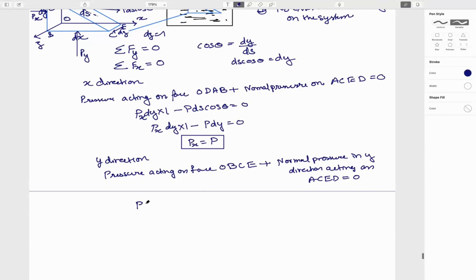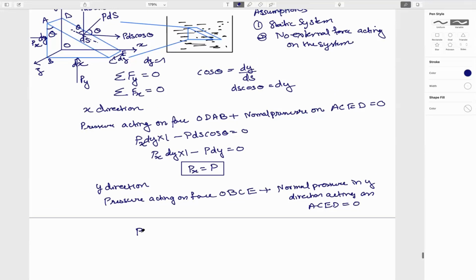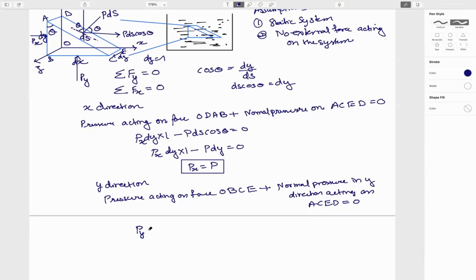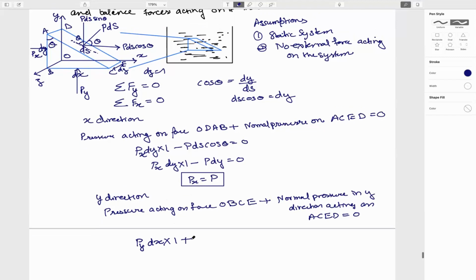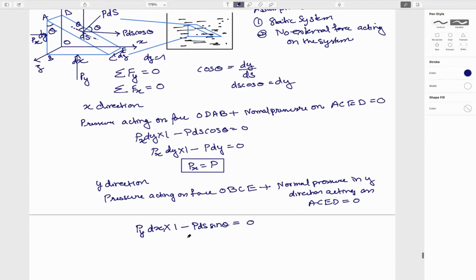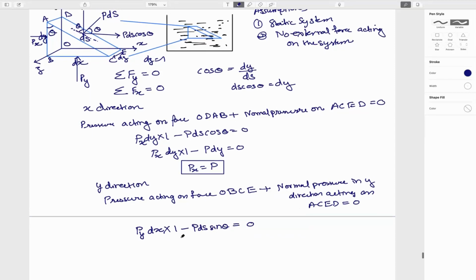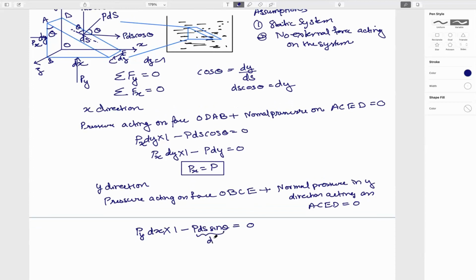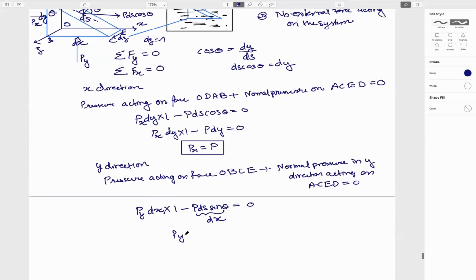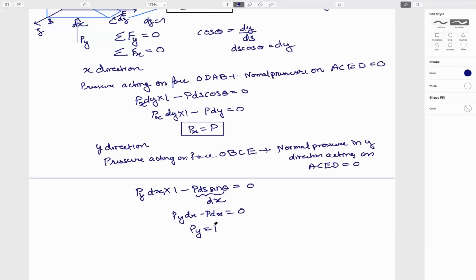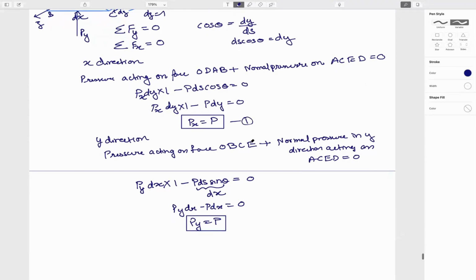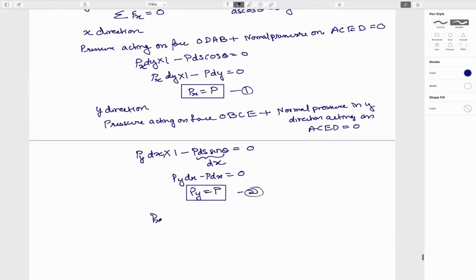So py into dx, and these we have considered to be 1, plus minus P ds sine theta, is equal to 0. We know that ds sine theta is nothing but dx. So py dx minus p dx is equal to 0, and so py is equal to p. And from 1 and 2, we conclude that px is equal to py.